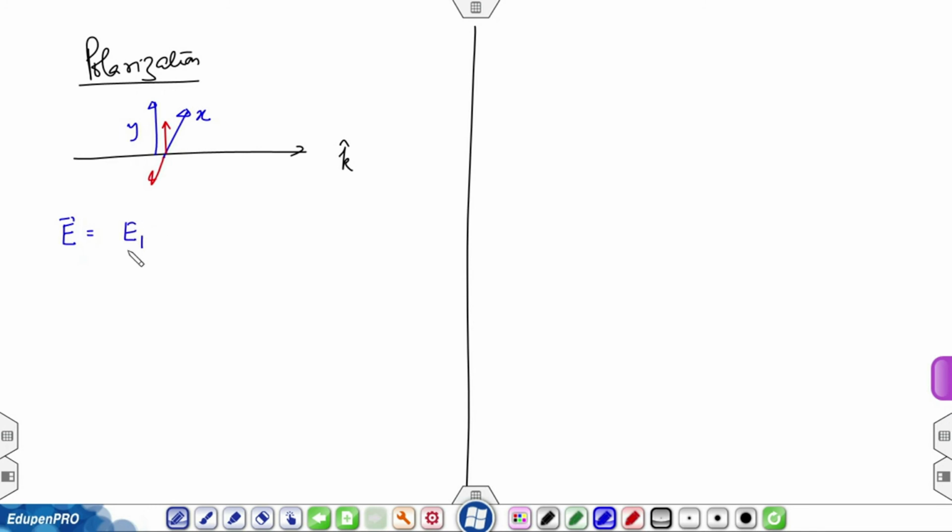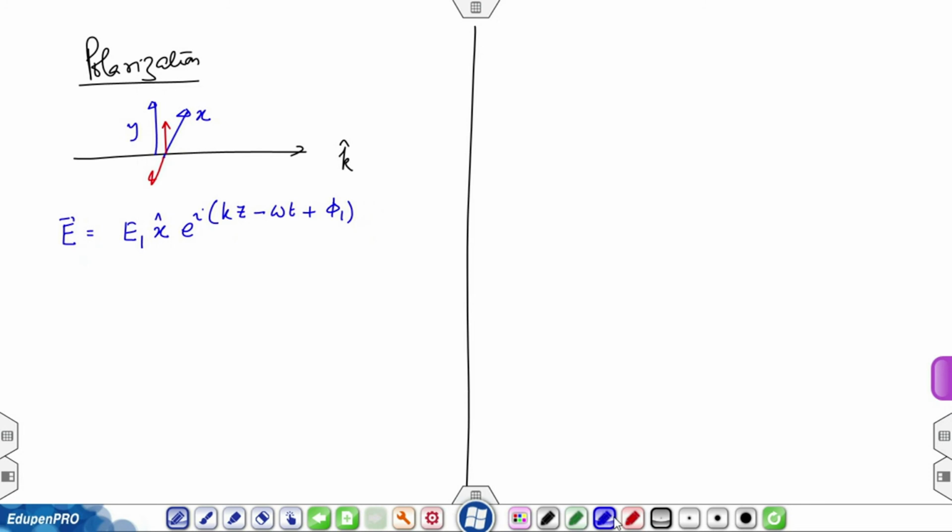E 1, I am just writing the amplitude, in the x direction e raised to i k dot r, which for simplicity I will write as k z minus omega t plus some phi 1.